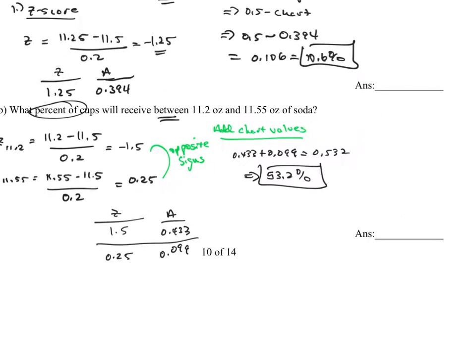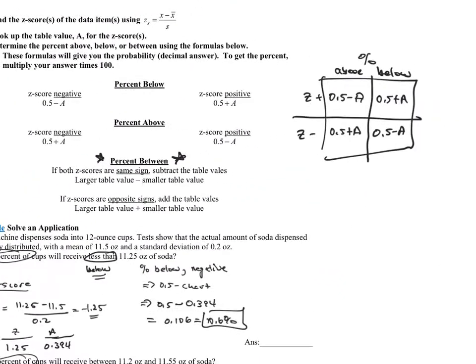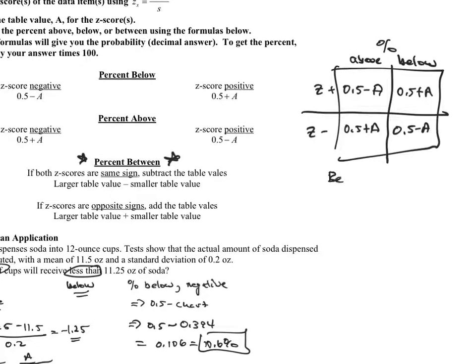So these formulas are extremely important to have on your note card. If they want between, if the z-scores are the same sign, you subtract. And if they're opposite signs, you add.